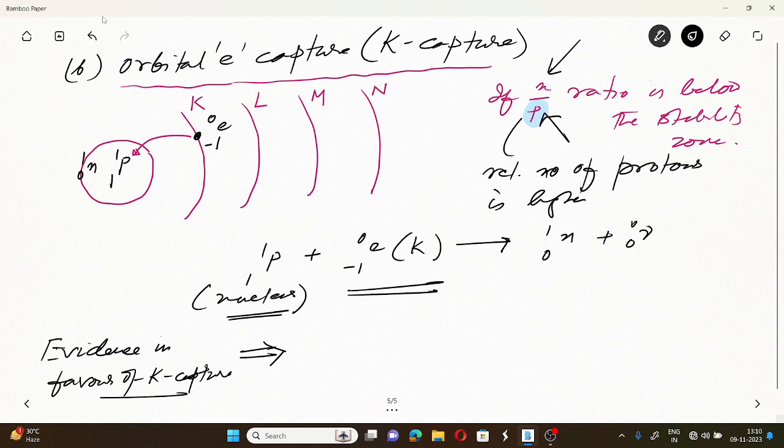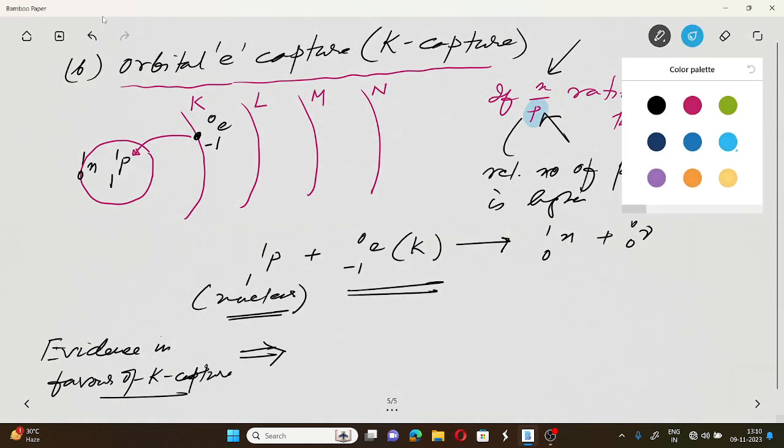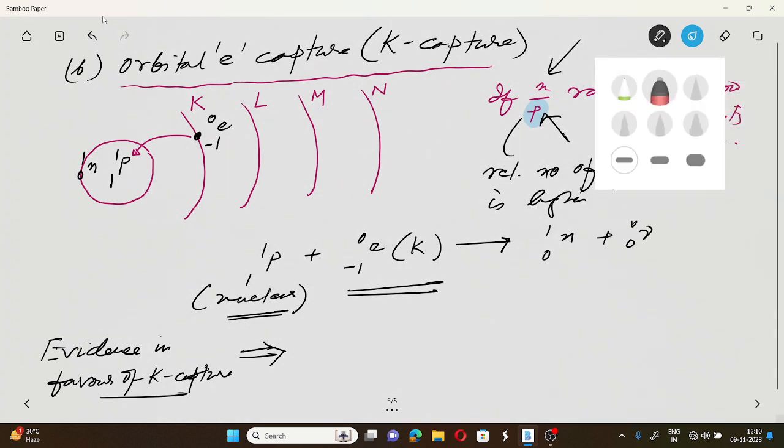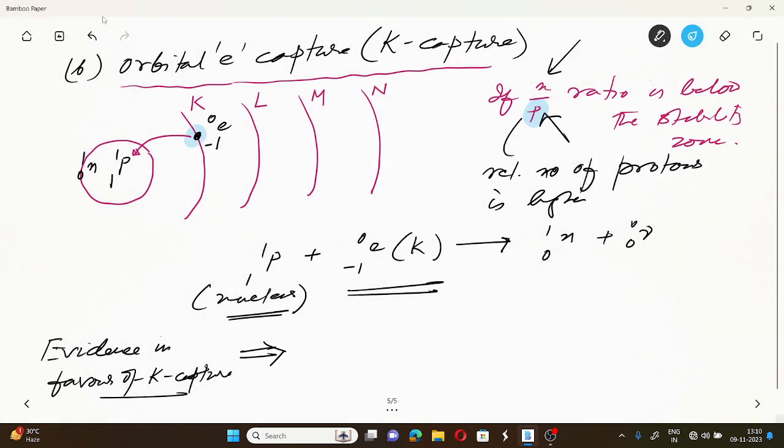What is actually happening here, look carefully: if this electron is captured by the nucleus, then there will be a vacancy in the K shell.